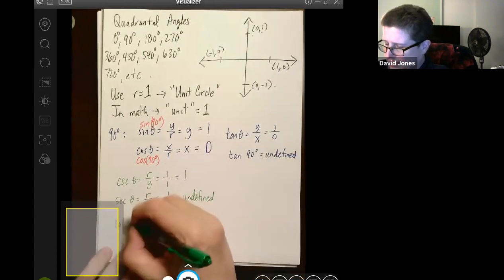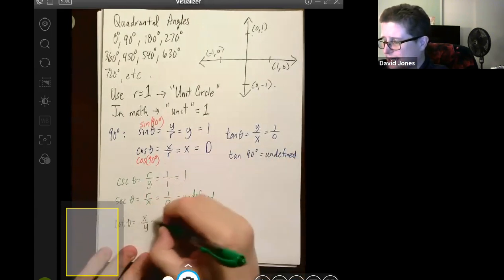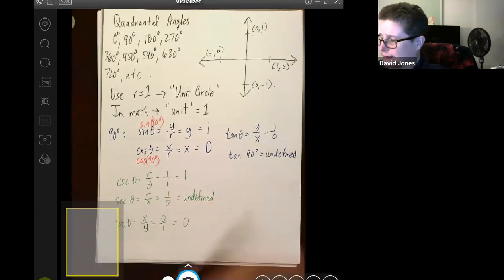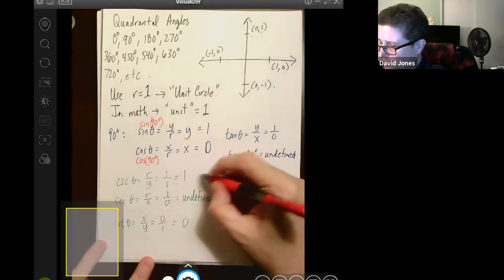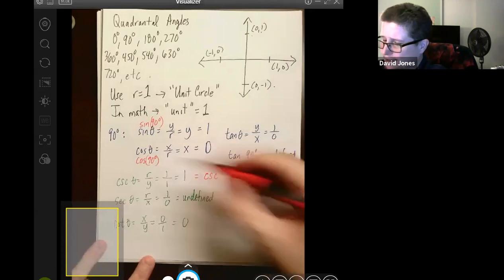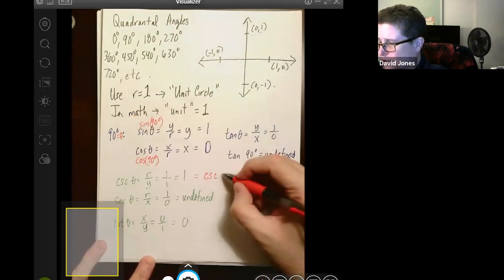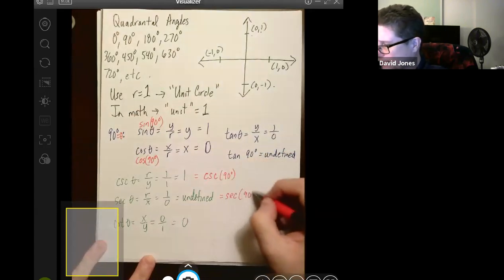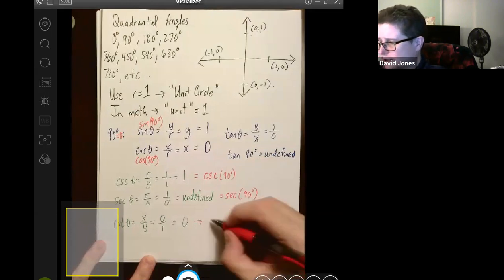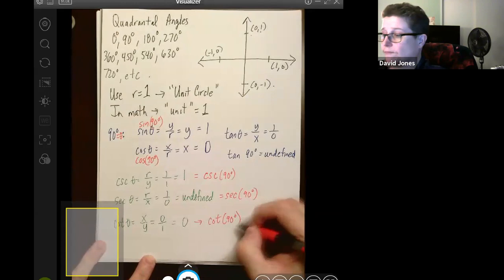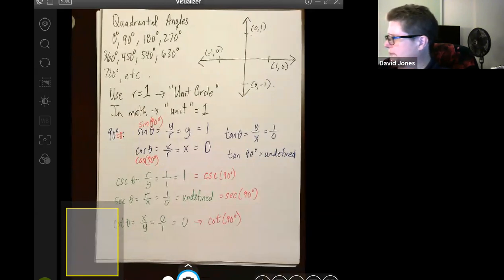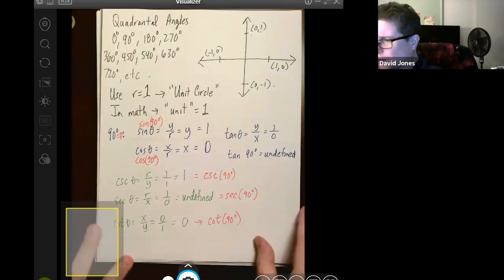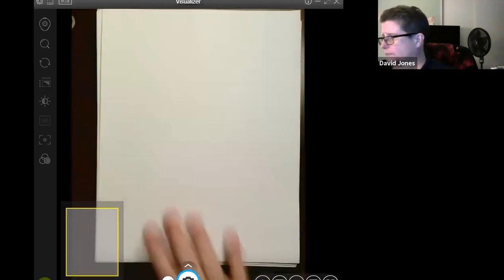And cotangent theta is x over y, is 0 over 1, which is 0. And again, I should have written, instead of putting in theta, cosecant of 90 degrees, secant of 90 degrees, cotangent of 90 degrees. You guys give it a try for 180.